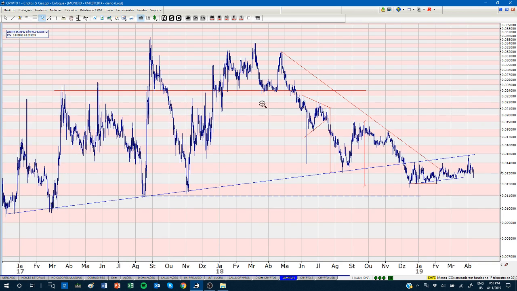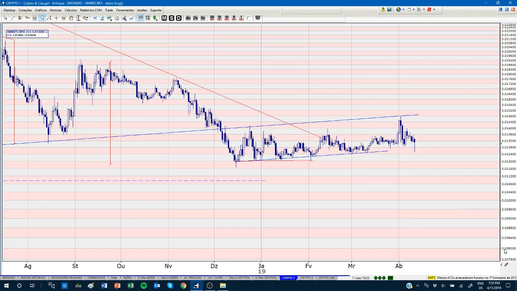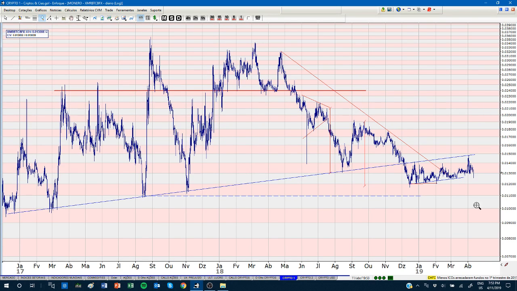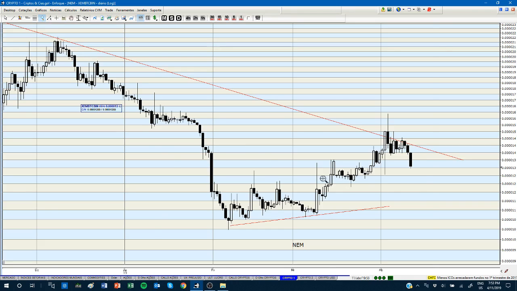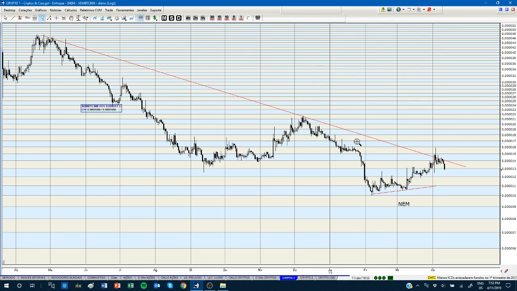Now, Monero, I said many times here, an accumulation below a very important support trend line like this is bearish. It's due to continue the movement that preceded it. So I think Monero is testing the lows here at 0.011. I still think that.